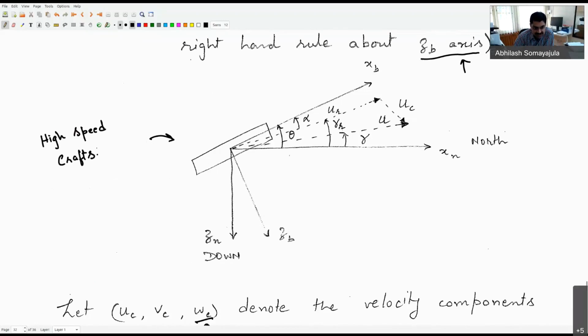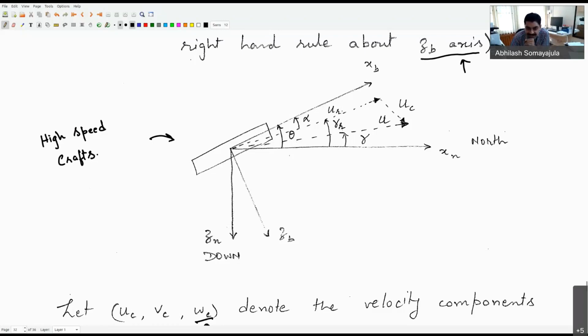So in order to cater to them as well, we will consider what is happening here. Notice here that the z-axis is pointed down. This is the NED down axis, and this is the north axis. Let us assume that at the current instant, the x-axis of the body fixed frame is slightly tilted up by a certain angle, theta.